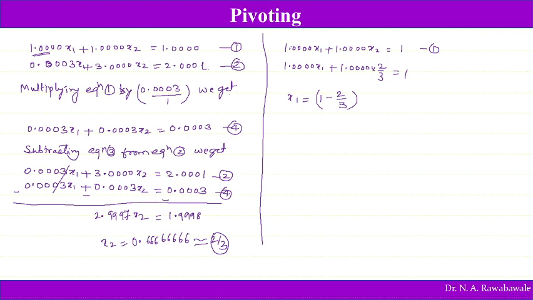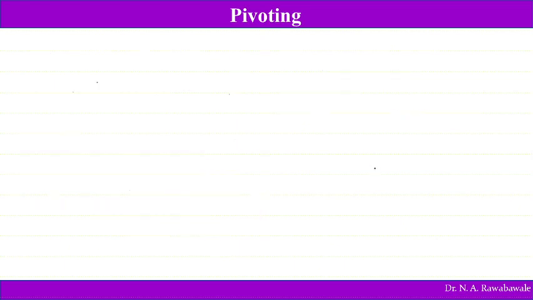Now for this we will have a table again to find out the error. So we will see on the next page. We will have a table with significant figures, then the x2 value, then the x1 value, and the relative error.